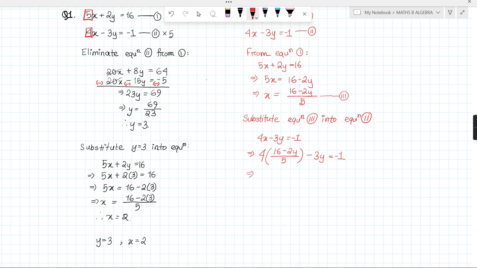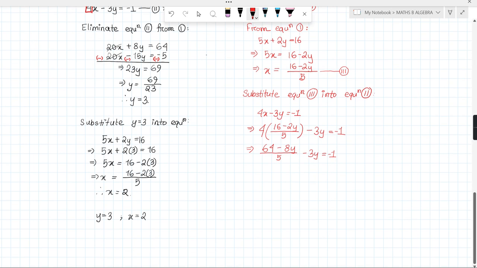So now if we multiply this, 4 into 16 would be 64 minus 8y, divided by 5, minus 3y equals minus 1. Now obviously I have to take the LCM, because 3y is not a fraction and (64 minus 8y) by 5 is a fraction. If 3y doesn't have anything in the denominator, we always assume that it has 1 there.